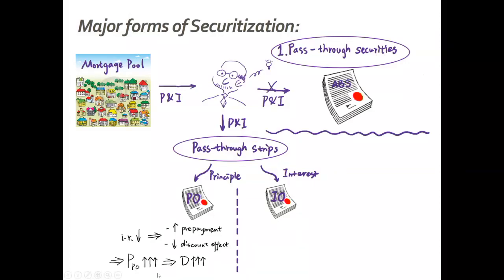So this means that the value of PO strip is very sensitive to changing interest rates, because every time when there is a drop in interest rates, two effects gonna work in the same direction to push up or down the price of this security.